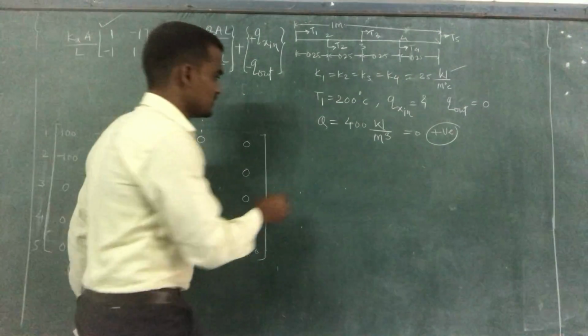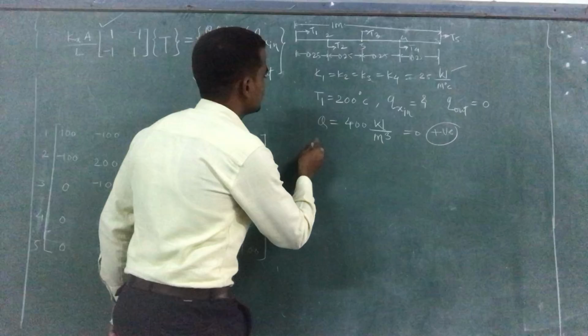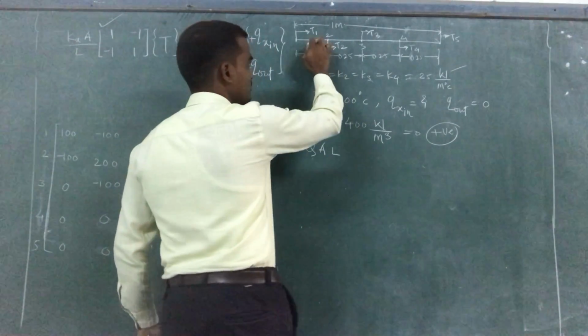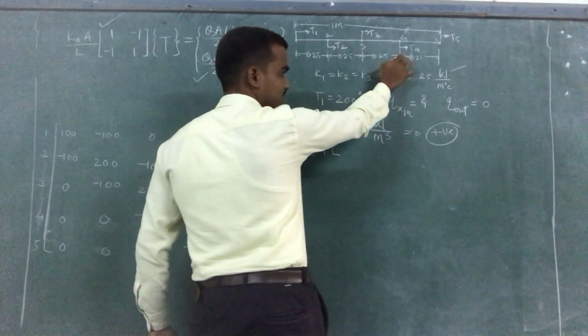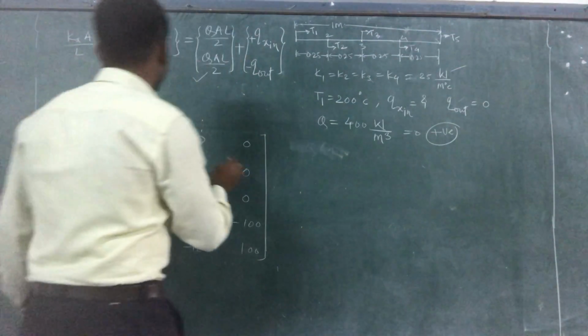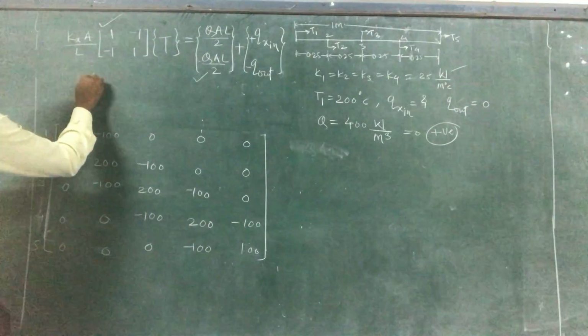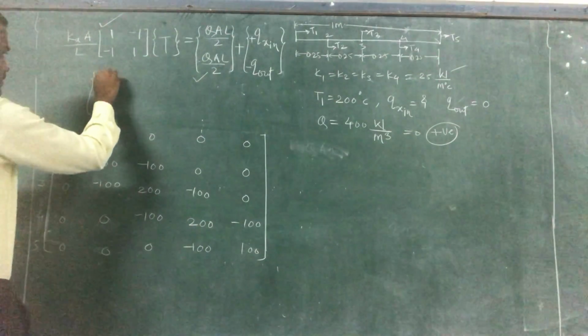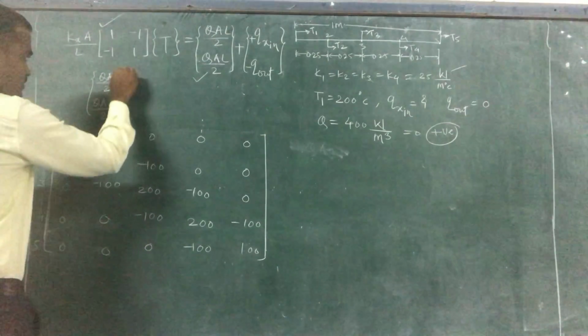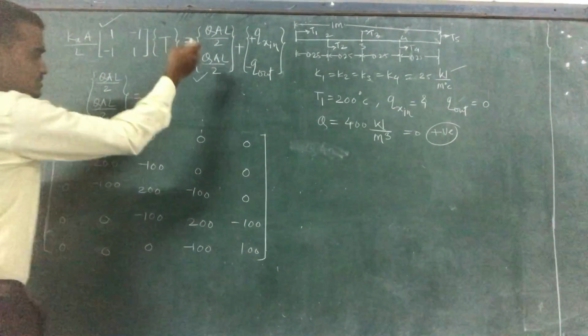So as we know that Q is same, area is same and length is same for each element, these 3 values are same. So first we will find out simply the QAL by 2, QAL by 2. Then we can write this load vector.